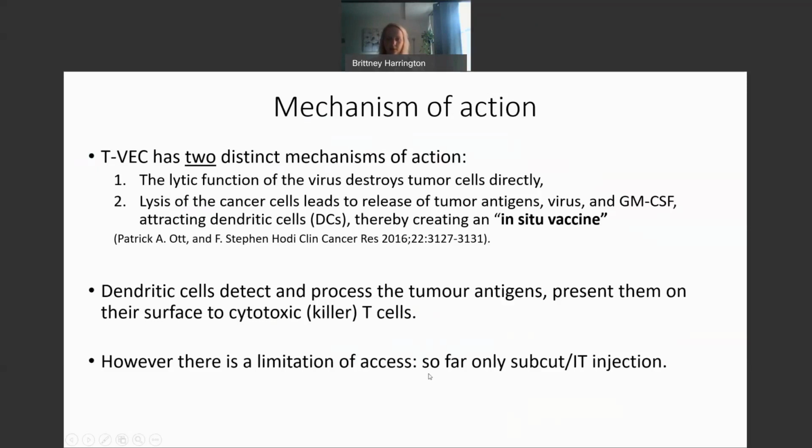So far you have to inject it intratumorally or subcutaneously. That's why melanoma was a good option for this therapy. But hopefully newer therapies can be targeted or develop ways to deliver this drug or therapy.